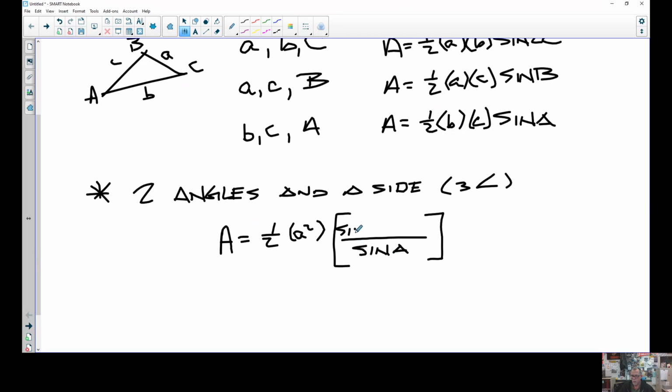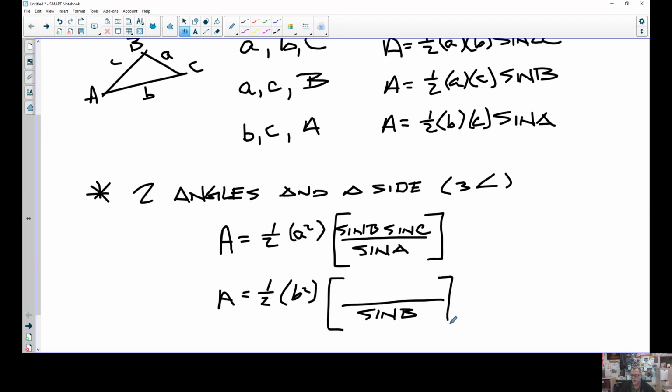And then the other two angles, we want their sines multiplied on top. Again, you've got A, B, and C, remember. So what else could that look like? If we had side B and then the other two angles, we'll find the third angle, and then we would use 1/2 B squared times this fraction. And I always start by putting this down at the bottom because it's the matching one.